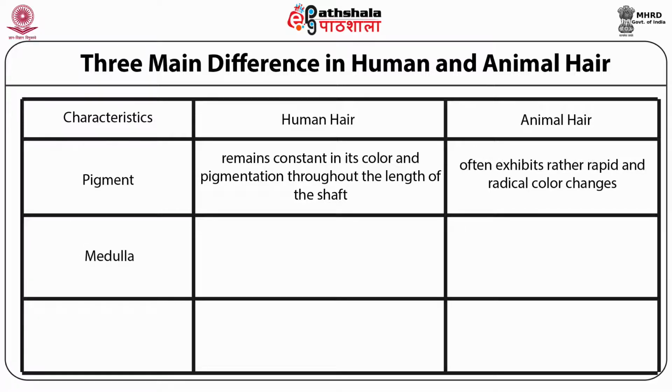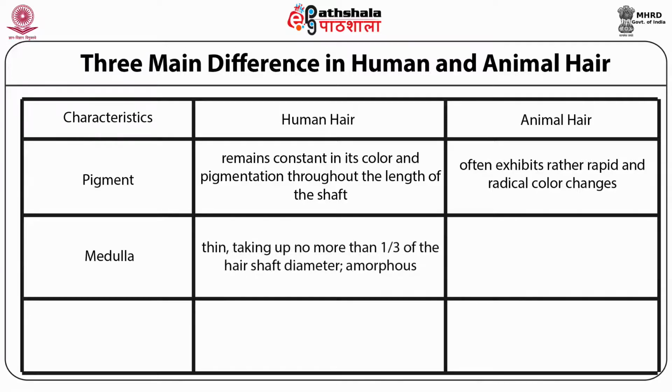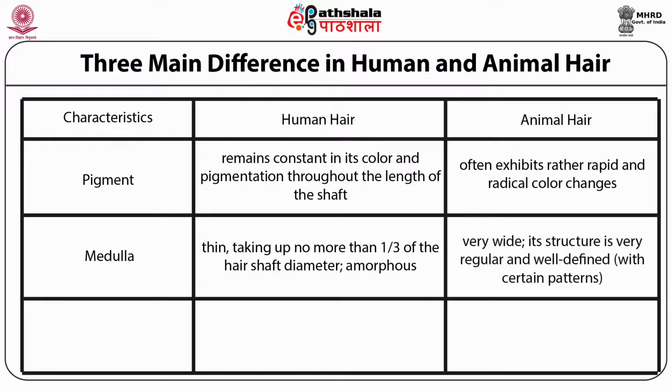Medulla in human hair is thin, taking up no more than 1/3 of the hair shaft diameter, and this medulla is also amorphous in structure. When we talk about the medulla of animal hair, it is very wide and its structure is very regular and well defined with certain patterns.